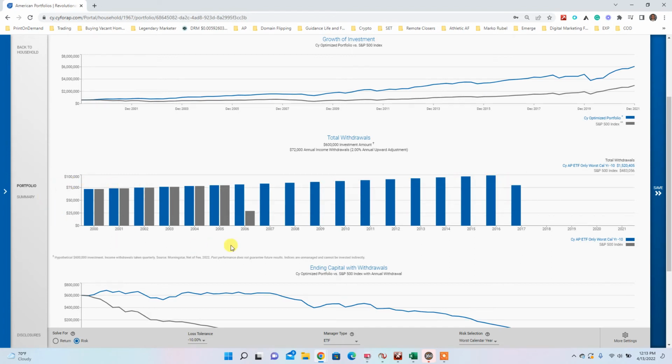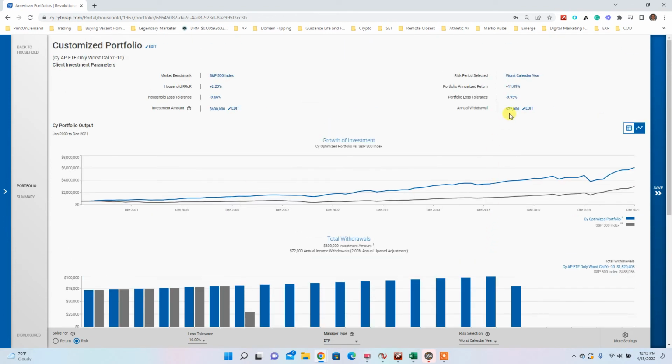If you look at the S&P, you're looking at running out of money in 6 years if you're taking $72,000 out based on your assets. Whereas this portfolio will keep almost 17 years of income.